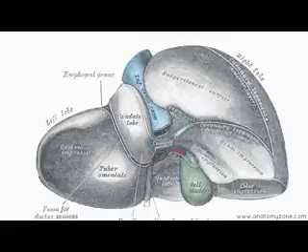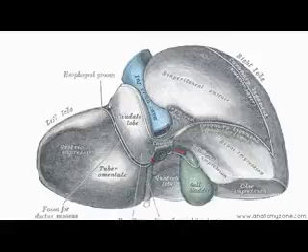So the right triangular ligament is formed in this lower extremity of the bare area of the liver, where these two layers of the coronary ligaments fuse, and this right triangular ligament passes to the diaphragm. The peritoneum covers the whole liver except for this area at the back of the liver, called the bare area. So the majority of the liver is covered in peritoneum, which reflects off the diaphragm.